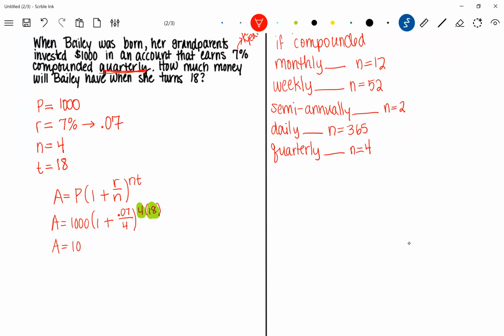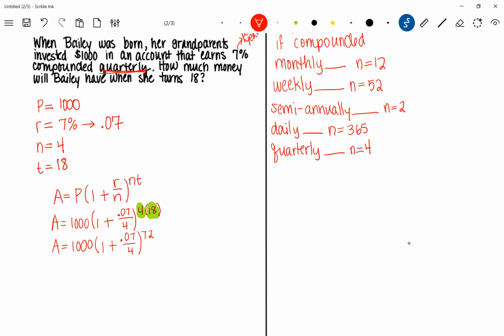Now, what I want to talk to you about is how to enter this into the calculator. 4 times 18 is 72. Okay, so a total of 72 times. You could do the 0.07 divided by 4, and then you'd have to round it, maybe. But you don't want to round inside a formula, because you'll probably have to round at the end too.